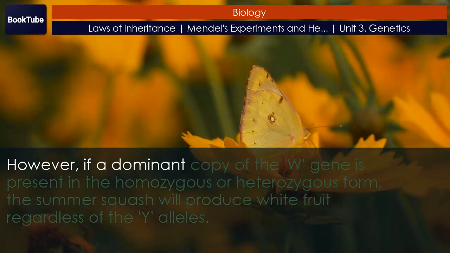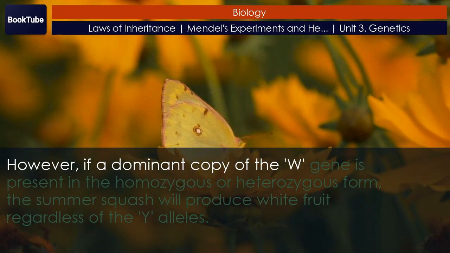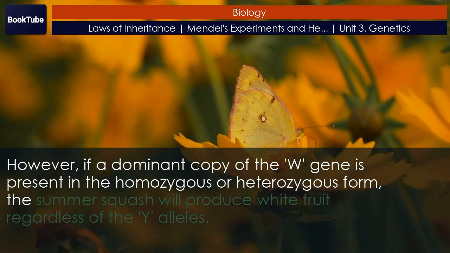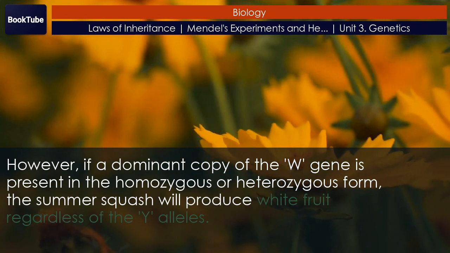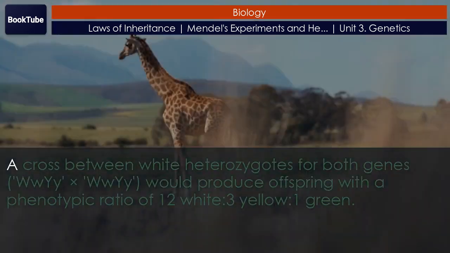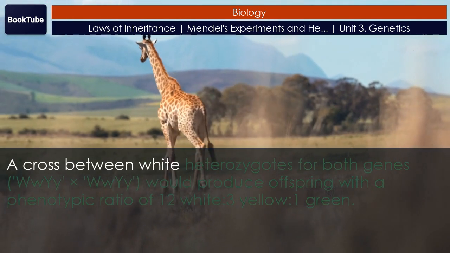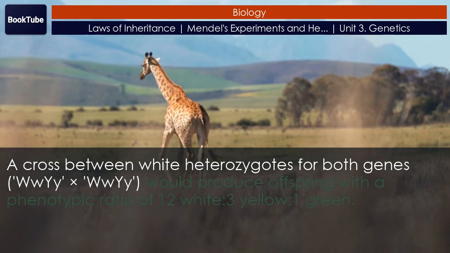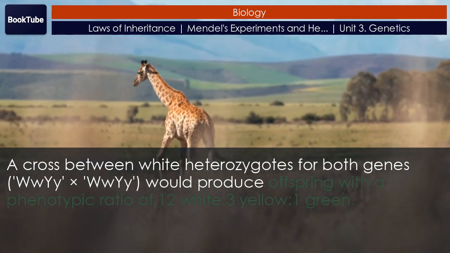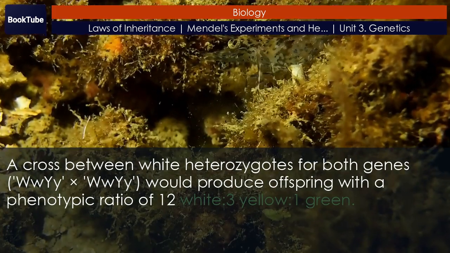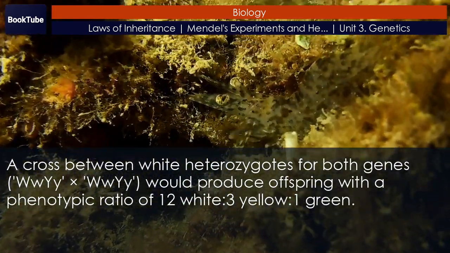However, if a dominant copy of the W gene is present in the homozygous or heterozygous form, the summer squash will produce white fruit regardless of the Y alleles. A cross between white heterozygotes for both genes, WwYy times WwYy, would produce offspring with a phenotypic ratio of 12 white, 3 yellow, 1 green.